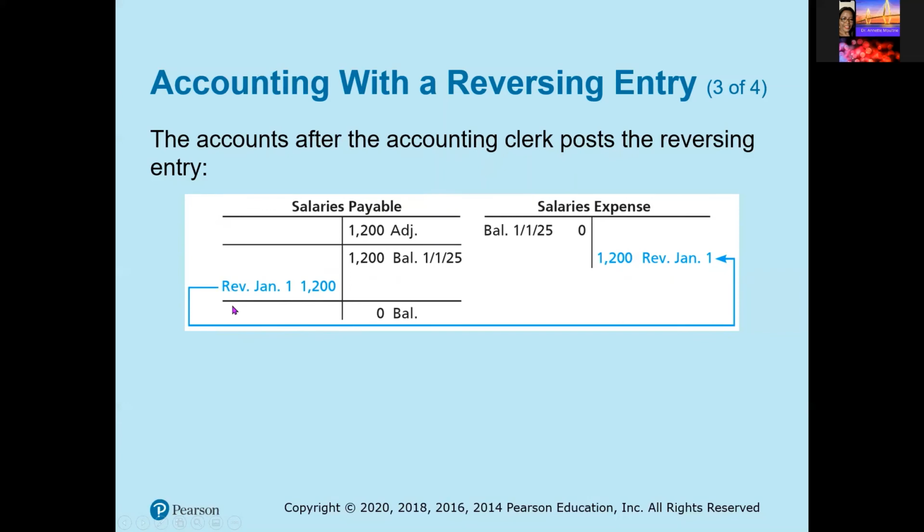This credit in salaries expense does not mean that the entity has negative salaries expense, as you might think. Instead, the odd credit balance in the salaries expense account is merely a temporary result of the reversing entry.